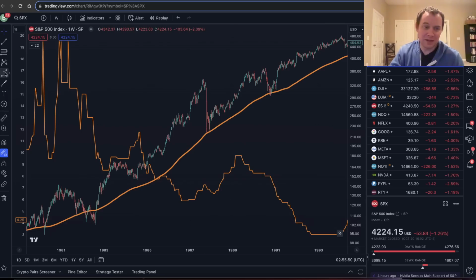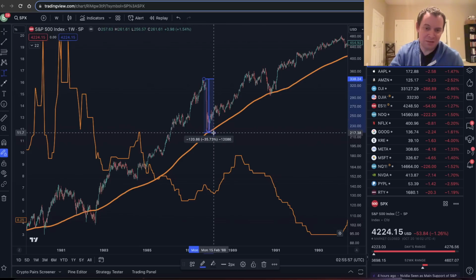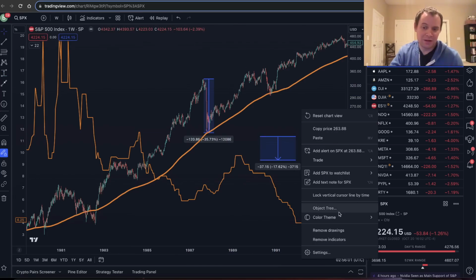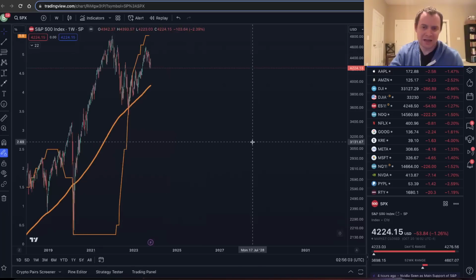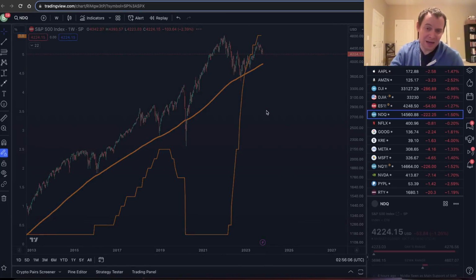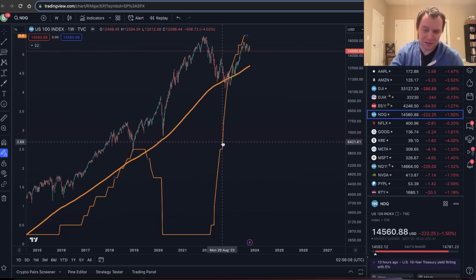And by the way, this was a huge drop. From the top, this was a 36% drop. So if you think about that, what would that look like today? Well, maybe we should look at what it would be for the NASDAQ, because the NASDAQ was the one up 40%, not the S&P.